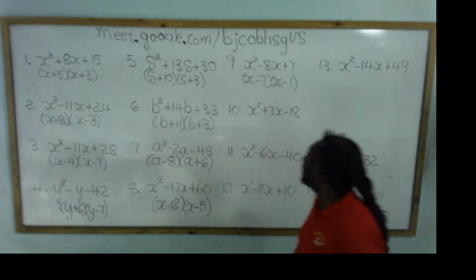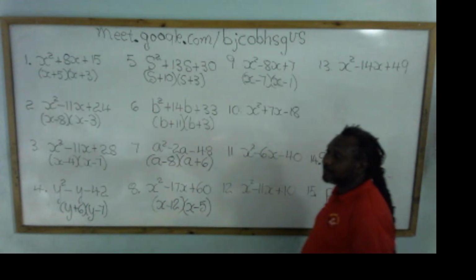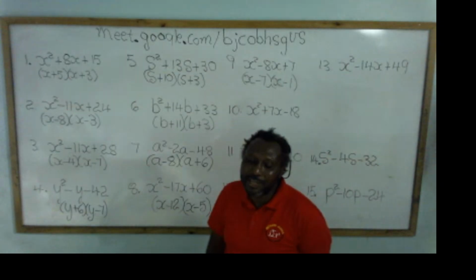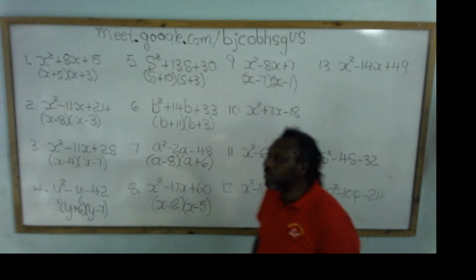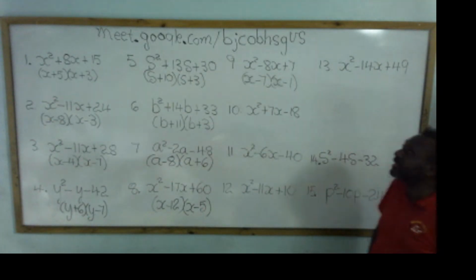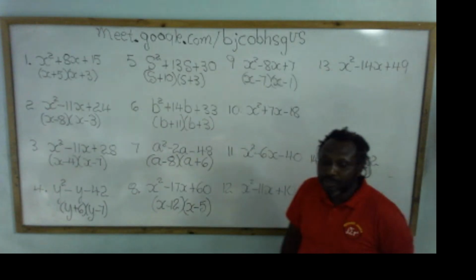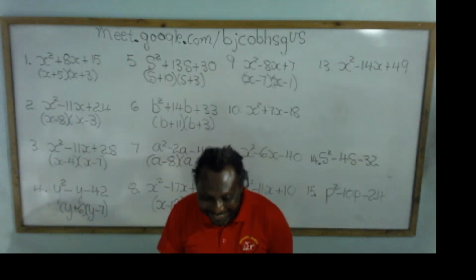If I were marking your paper and you put -5, -3, although it is not correct, it is not entirely wrong because you have the sum right. But the product needs to be correct also.